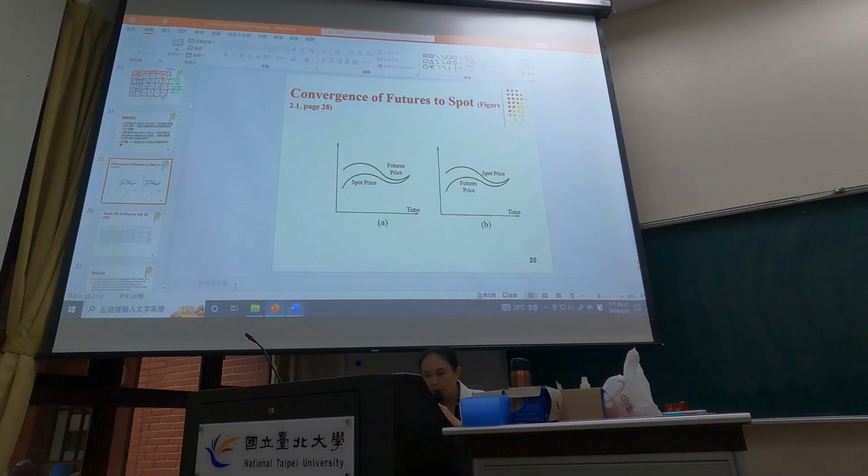So remember, the short position in the futures or forward contracts is the one who holds the long spot position. Okay, this short position means in the futures or forward.